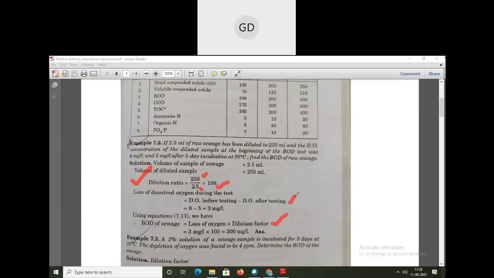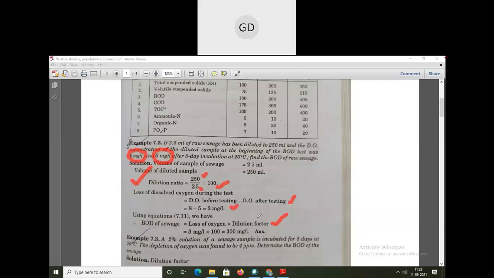The DO you have before testing is 8 milligram per liter, and after 5 days at 20 degrees Celsius, you are getting 5 milligram per liter. So you just subtract both and you will get 3 milligram per liter as your loss of oxygen.